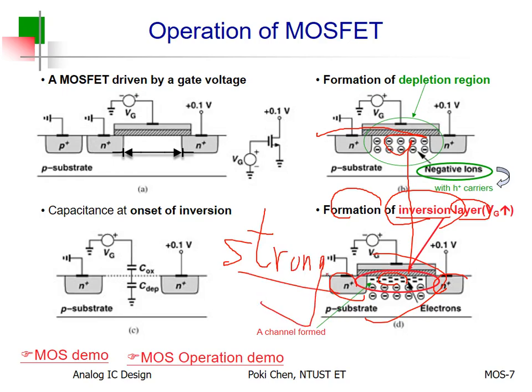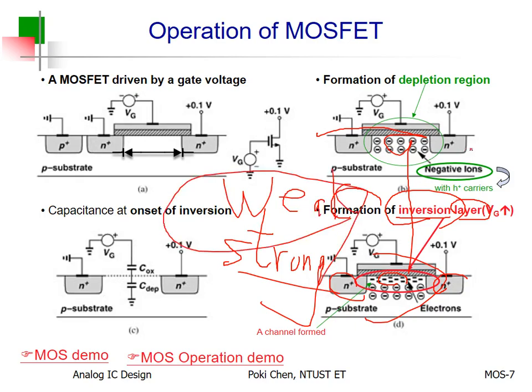What you learn from microelectronics, we call it saturation. Saturation region means strong inversion. Right now we have strong inversion, which means we also have weak inversion. What does it mean?